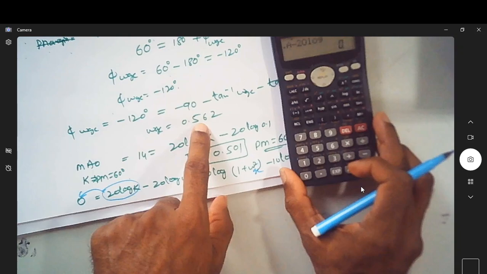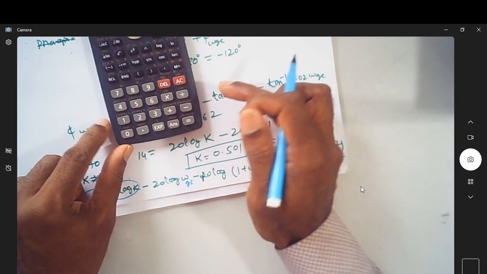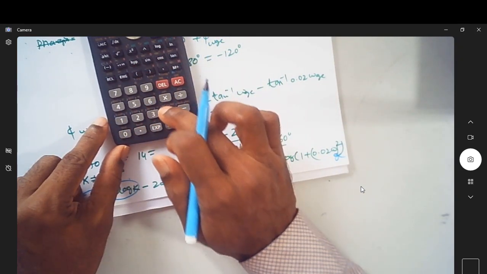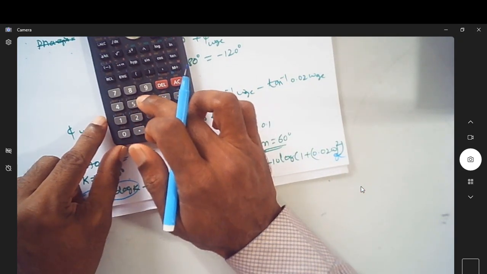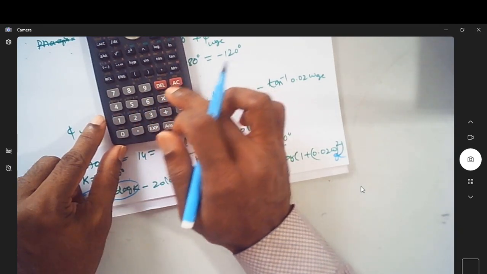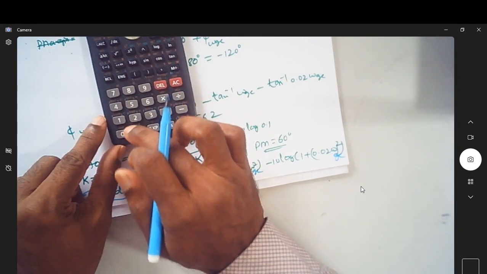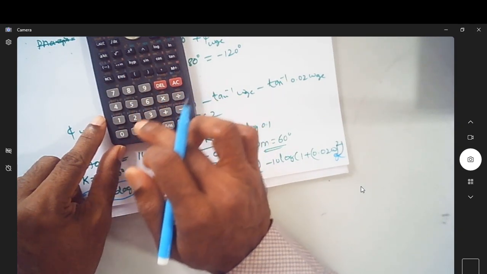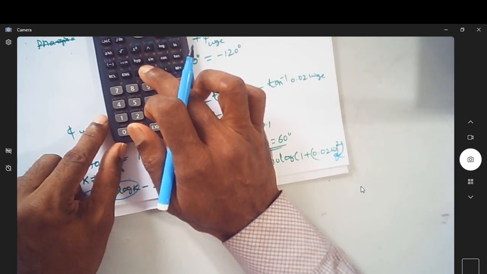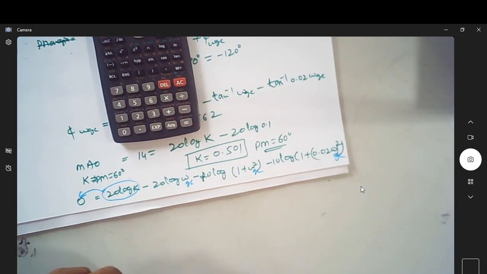Omega GC is 0.562. So 20 log 0.562 minus 10 log of 1 plus 0.562 square minus 10 log of the parenthesis 1 plus 0.02 times 0.562 whole square. If I do shift cal, whatever value of K I get will be the value of K theoretically.